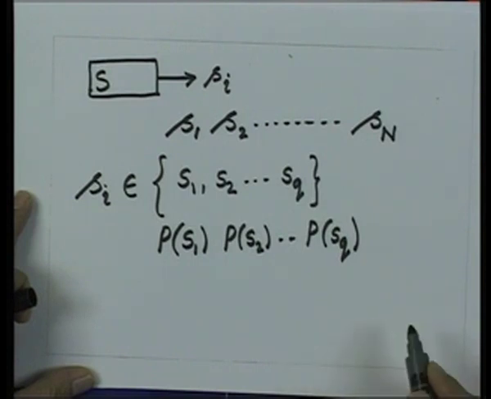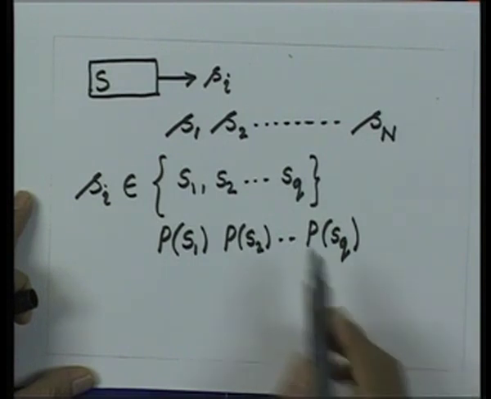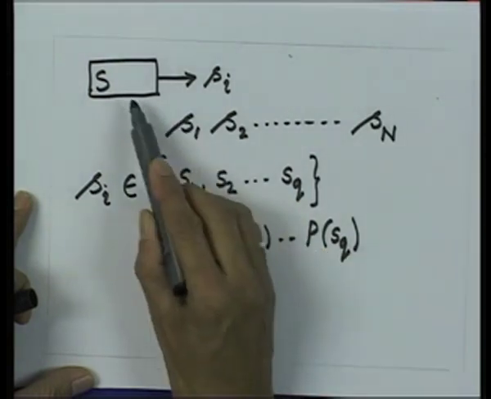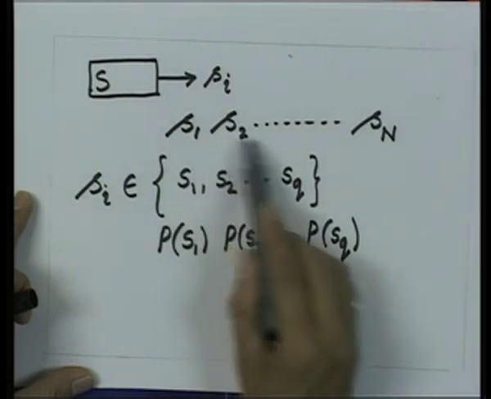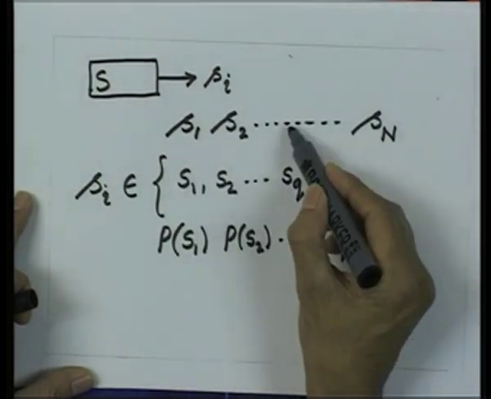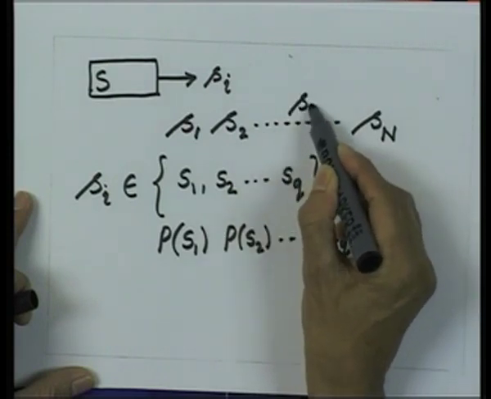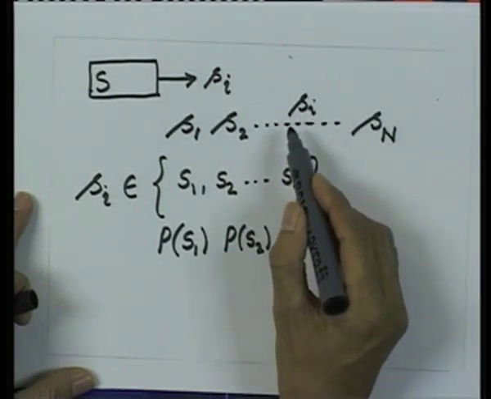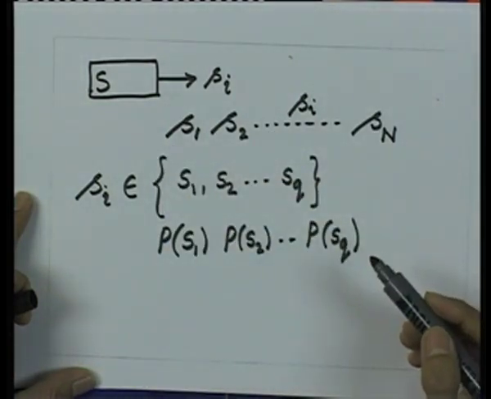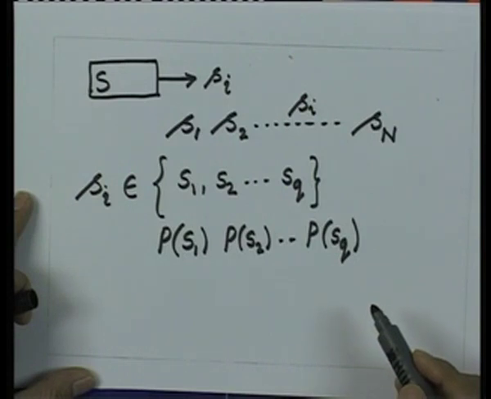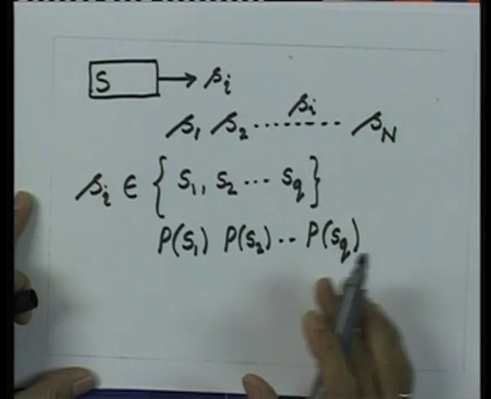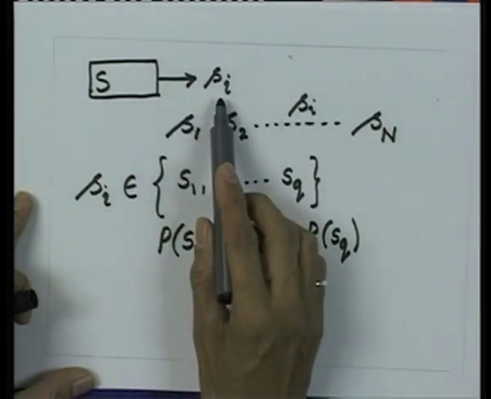Let me make one more assumption for the time being. I assume that all these symbols which are being emitted by the source S are independent. The occurrence of a particular symbol in this string, say Si, is not dependent upon the occurrence of the previous symbols. That is the assumption which I make to start with. So if I look at this source now, this source emits the symbol Si.